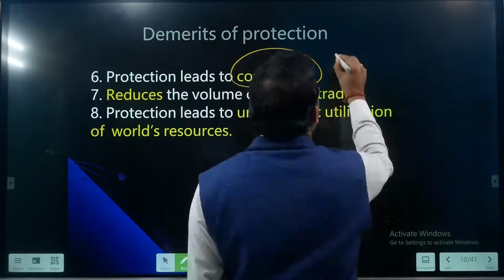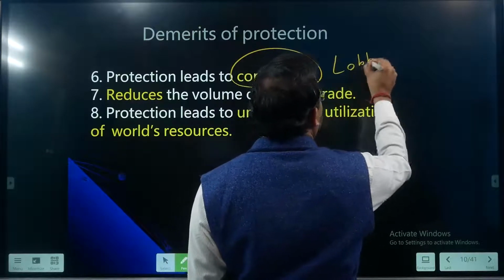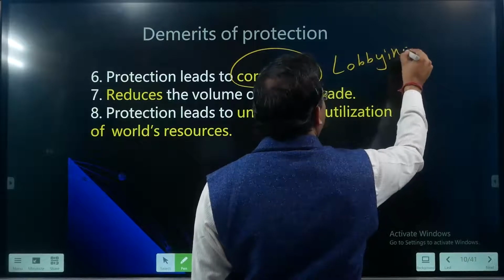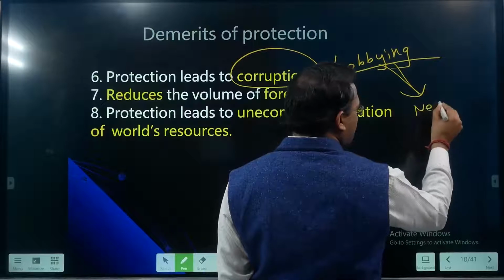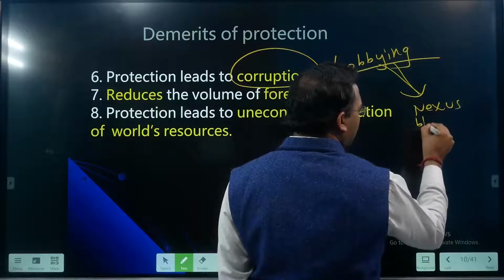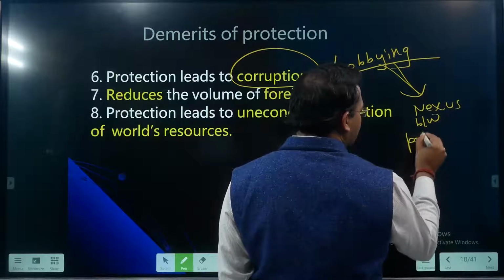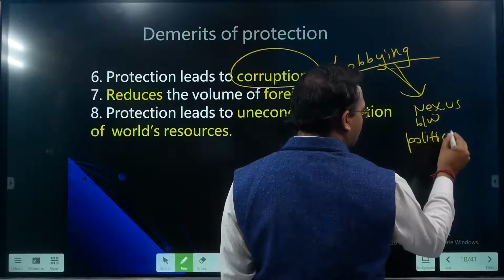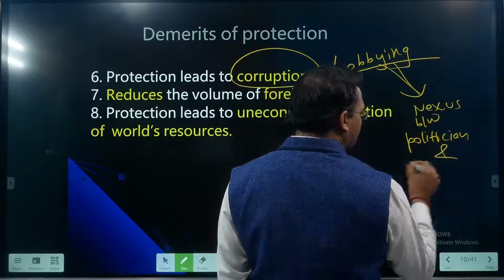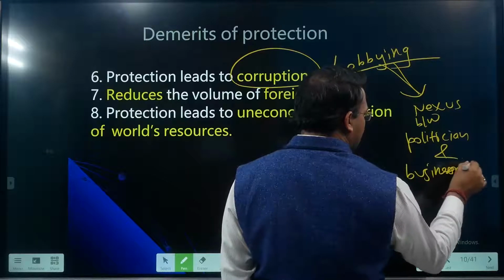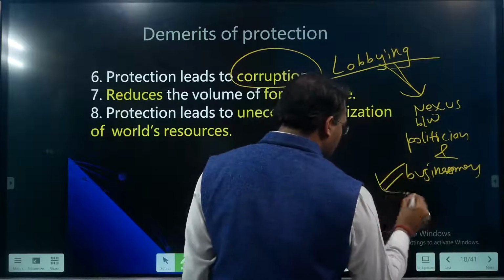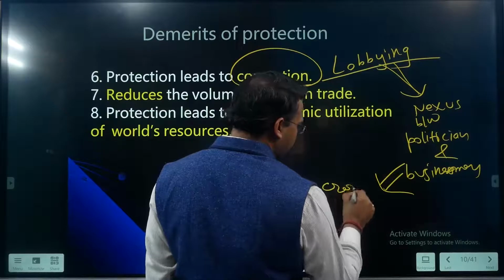So lobbying is promoted. In this lobbying, there is a possibility of a nexus between politician and businessman. This unholy nexus is also called crony capitalism.